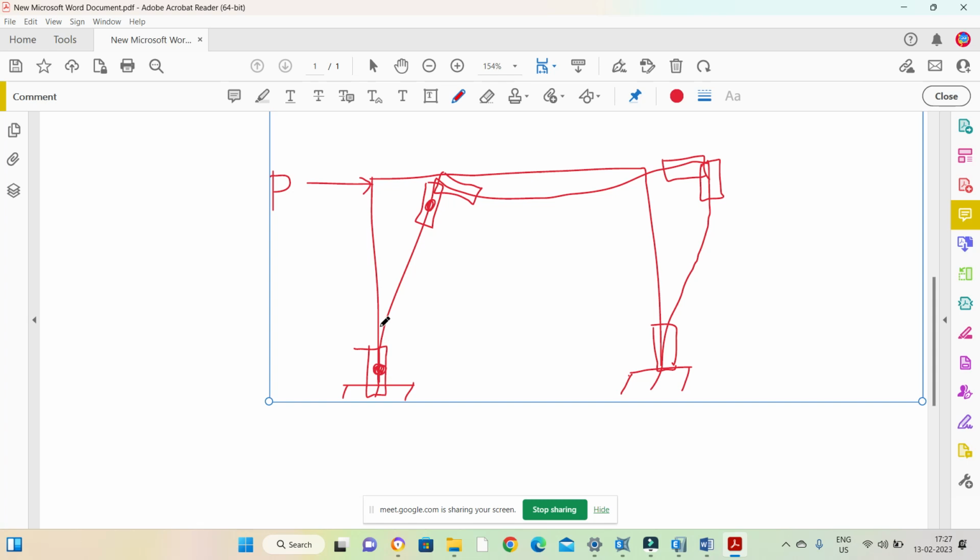Instead of doing that, you can also consider the whole structure. You can consider that failure can occur at each and every part of the structure. It means you consider the whole length for failure, and you have to give the nonlinear property over the whole length. If you define the nonlinear property for the whole length of a member, it will hugely complicate your analysis, and it will take a lot of time.